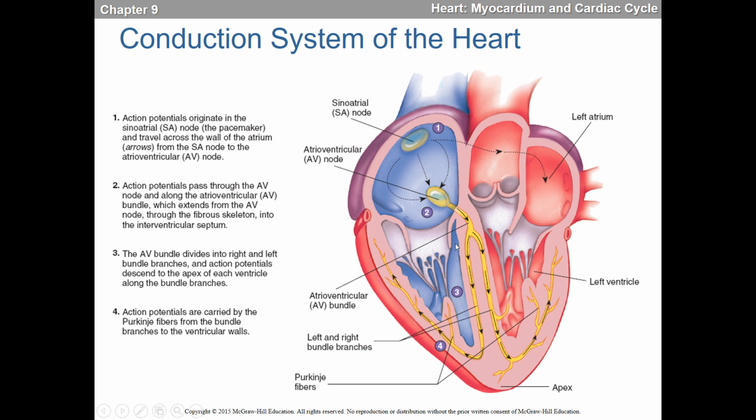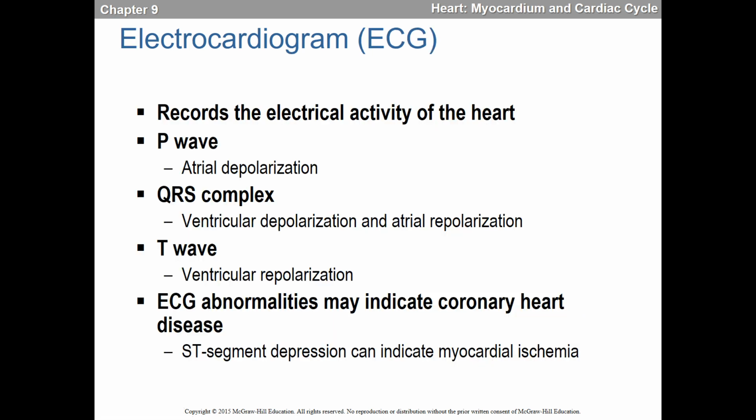That's going to send a message through the bundle branches all the way down to the apex, or the bottom of the heart, and then that's going to send a message on up these Purkinje fibers to contract. So it makes sense that if you're squeezing this out, you want to squeeze from the bottom up, because that's where you're going to be sending the blood.